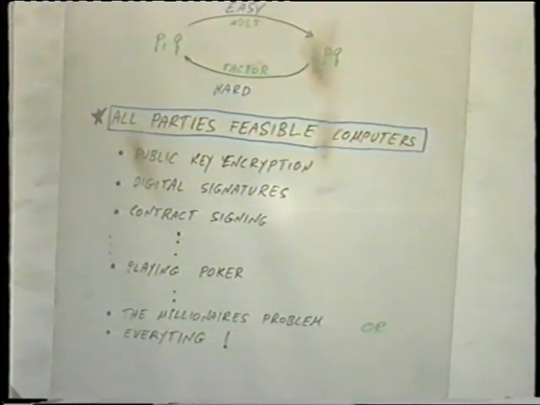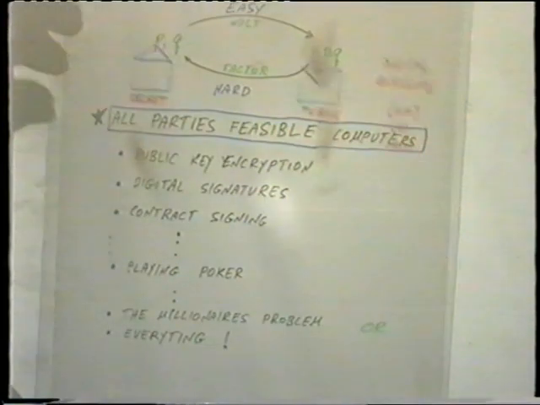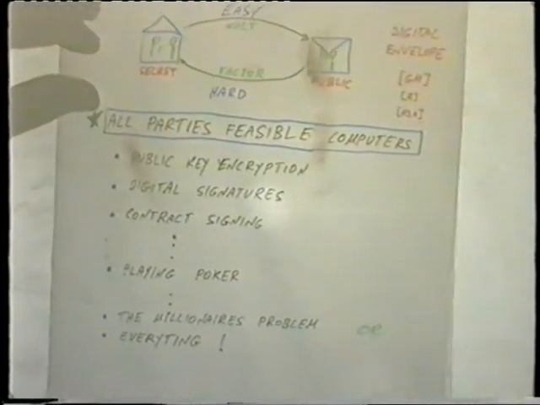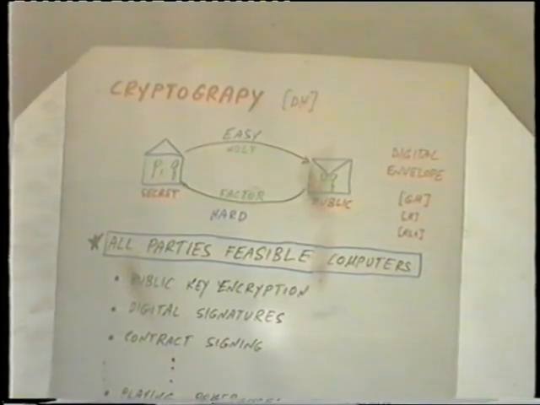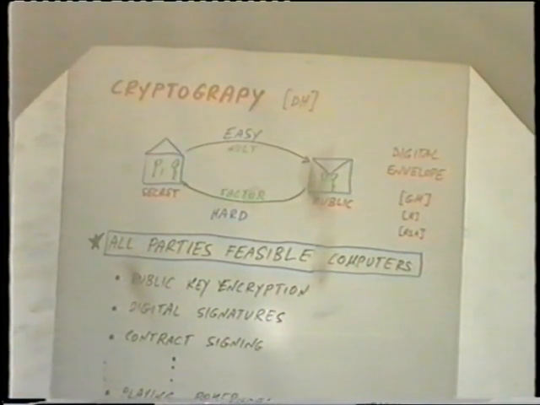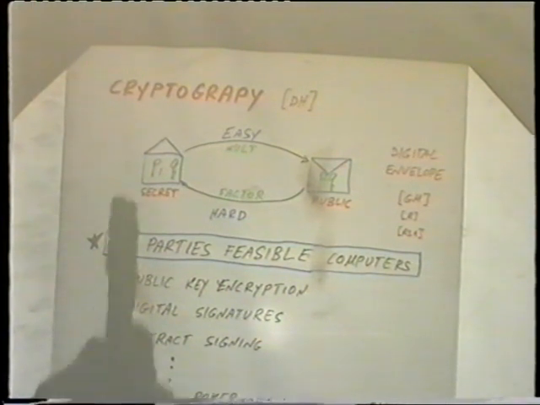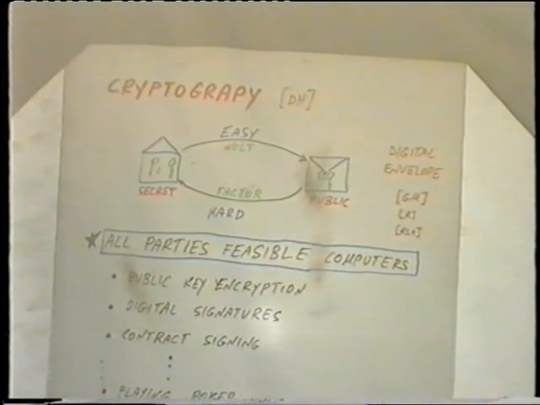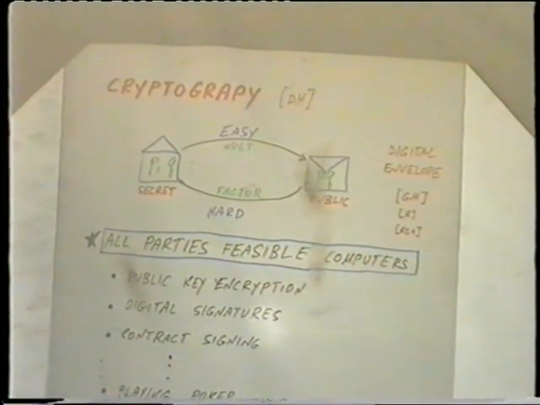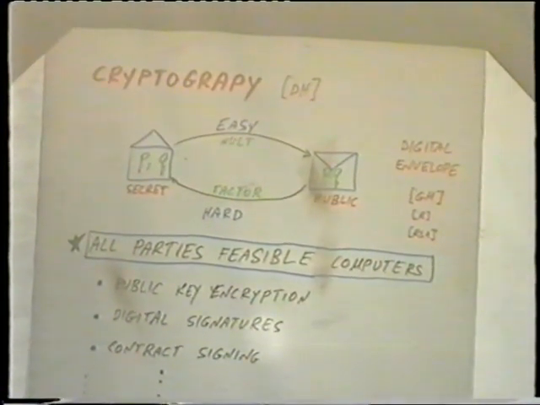So the first idea that was actually evident already in the first papers is that this function, factoring or other one-way functions, can serve as some kind of a digital envelope. You can think of the pair P, Q as information in the open, and their product, which determines them, is this information in an envelope.